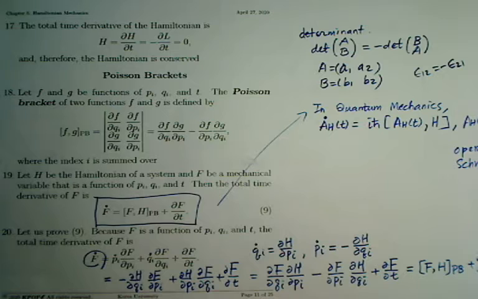Today we study Poisson brackets, and the Poisson bracket is to be extended in quantum mechanics to the commutator of quantum mechanical operators. And then we study the electromagnetic Lagrangian, from which we will derive the Hamiltonian for a massive charged particle under an electromagnetic field.